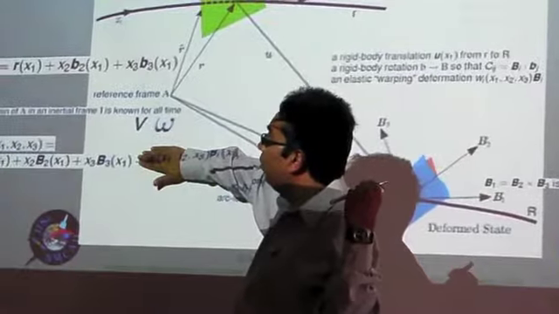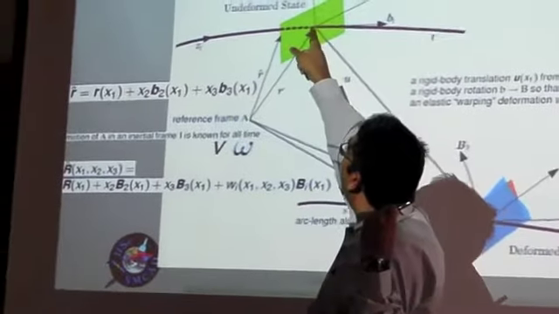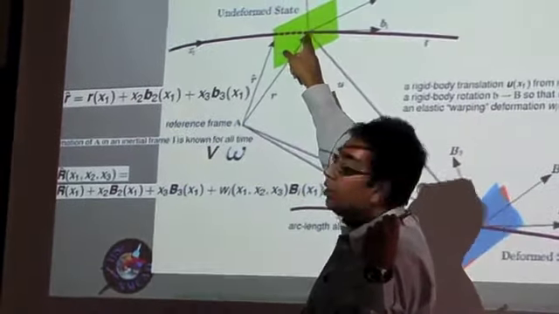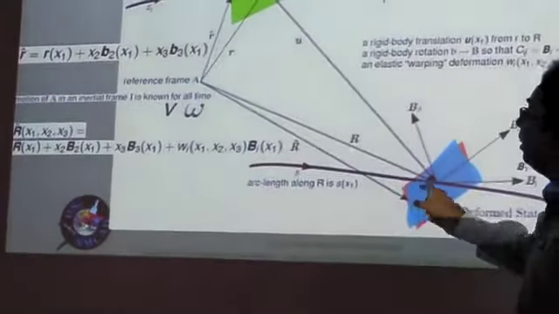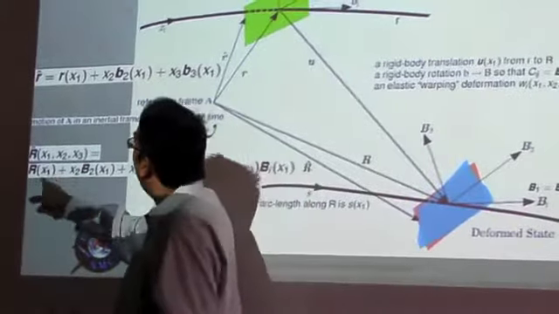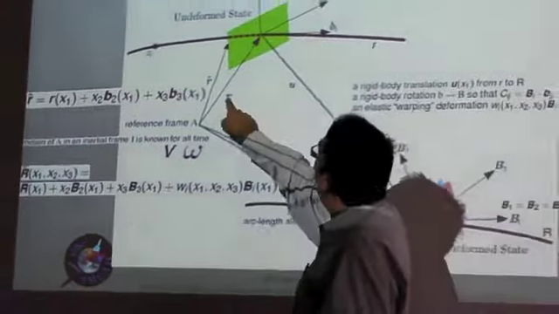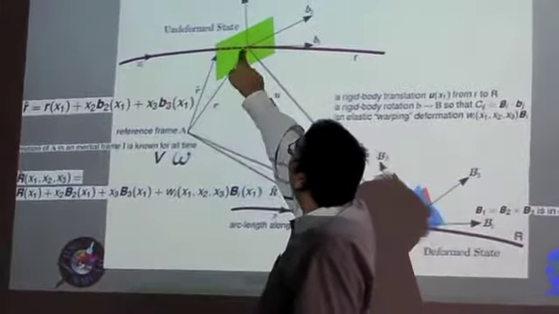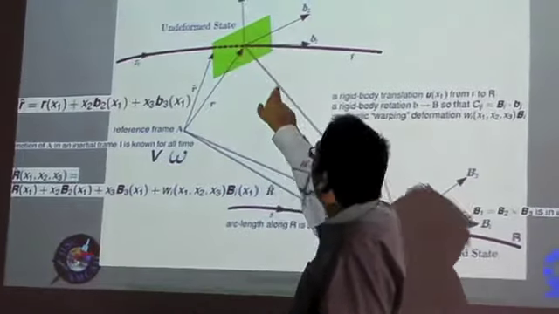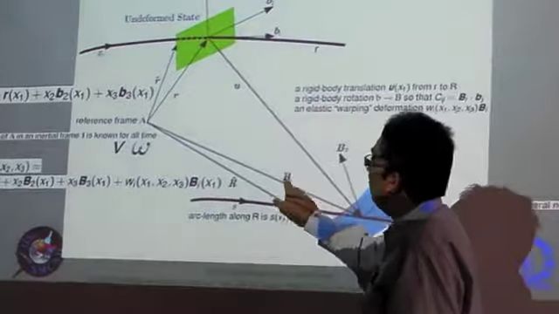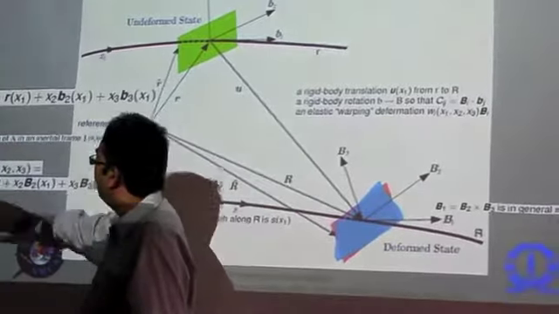In other words, you have that point which is the intersection of the reference curve and the reference cross section having moved here. So that's basically your capital R, which of course in turn is equal to nothing but small r plus u. So basically this initial position vector plus u will give you capital R. So that is basically the first term.